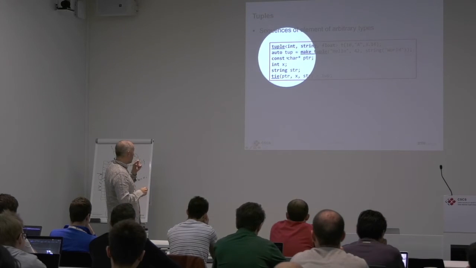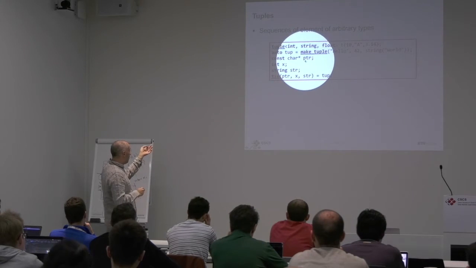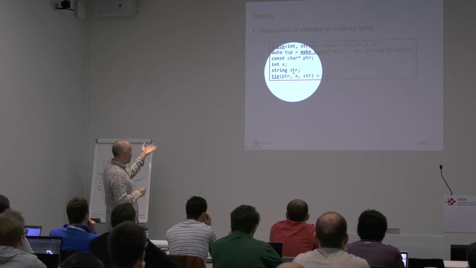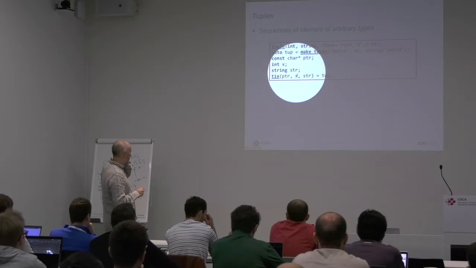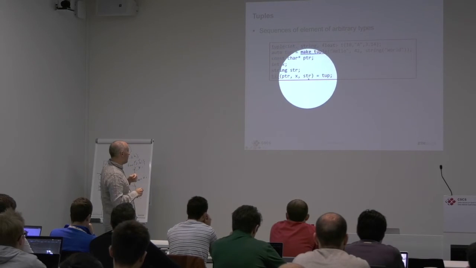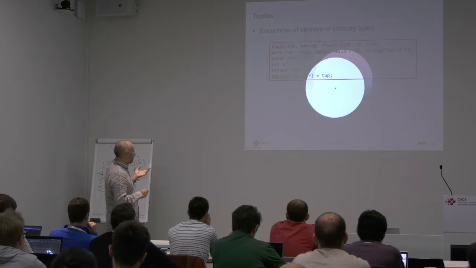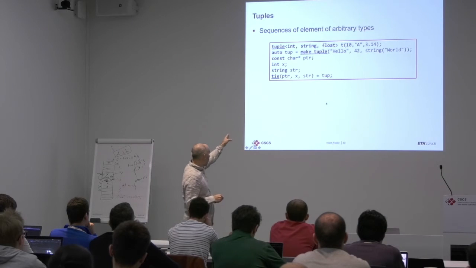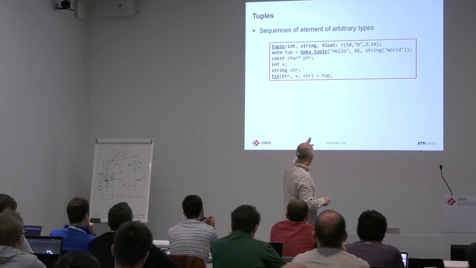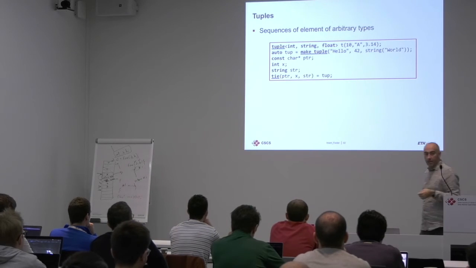So if I instantiate a char pointer variable ptr, an integer variable x, and a string str, I say tie(ptr, x, str) equals tup, and it will assign these values. So hello will become ptr, a pointer to that hello. x becomes 42, and the string becomes world. And this is the tie.